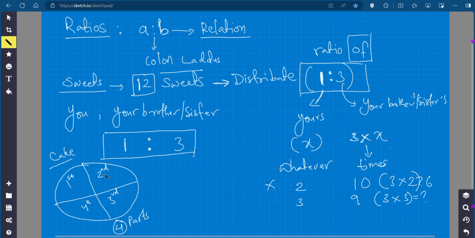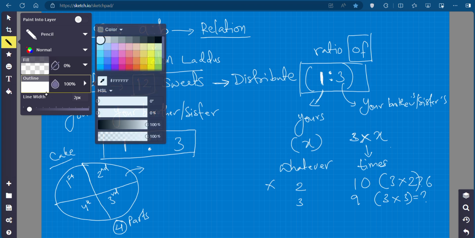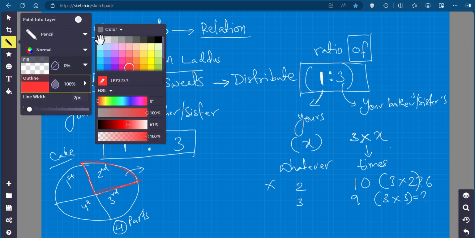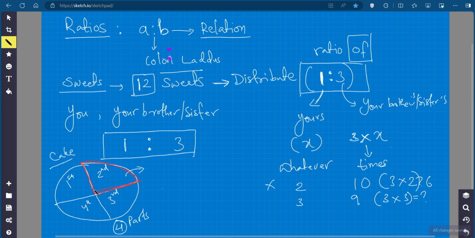Now, if I have to know the allotment of this slice only, I am saying the word allotment, what is the share of this single slice compared to the whole pizza, right? How many slices have I highlighted? Only one. And in total how many parts or slices are there in one pizza?